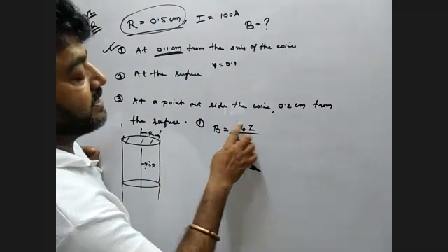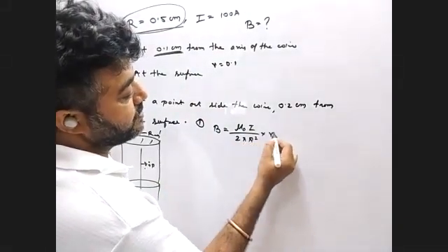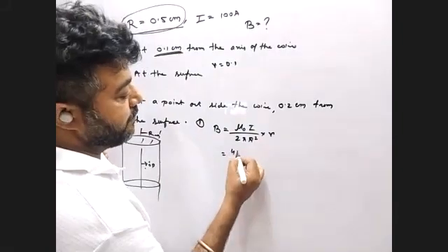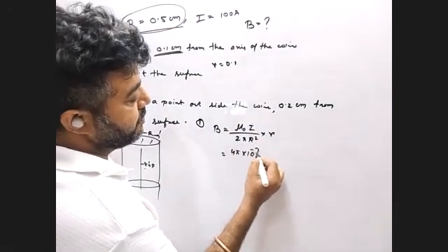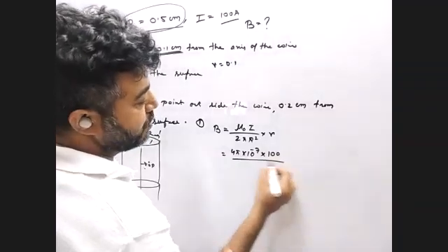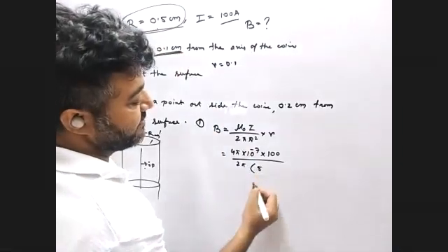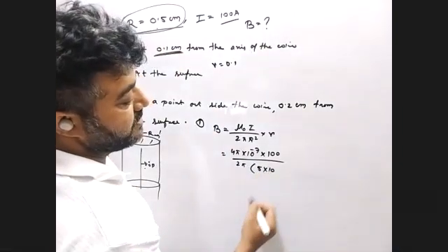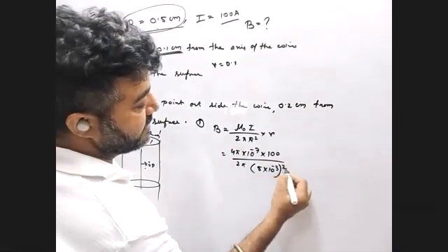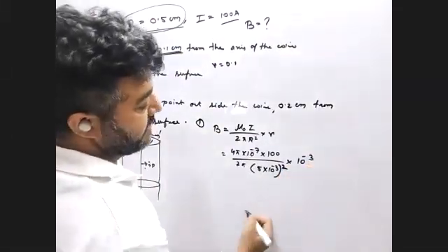So my formula, case 3, mu naught I by 2 pi R squared into small r. Now the value: 4 pi 10 to the power minus 7, current is 100, 2 pi, 0.5 centimeter, I can make it 5 into 10 to the power minus 3 meter, squared, and 0.1 centimeter, 10 to the power minus 3.